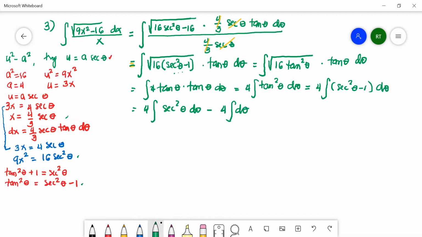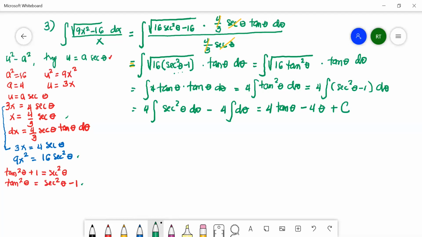And we can evaluate the integral now. Of course, the integral of secant square of theta d theta is tangent of theta. So the integral is 4 tangent of theta minus 4 theta, since the integral of the differential of theta is theta, then we add the constant of integration.